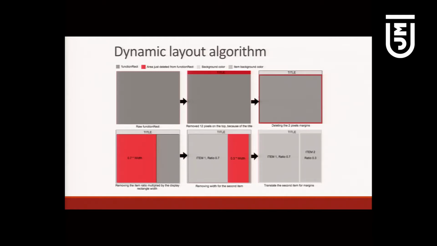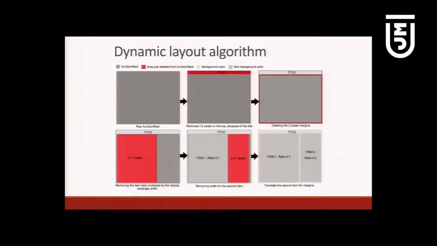So the first one will be given its size, and this size will be removed from the massive rectangle that we have at the beginning, just to be sure, one more time, that we don't display anything else there, only one thing at one place. And the next one, the rectangle, starts about in the middle, and we are giving it its width, that is 0.3 times width, and we are translating it for it to be shown with its proper margins.